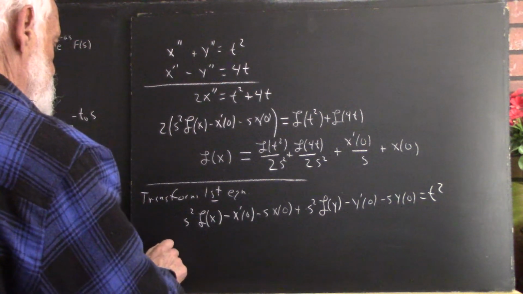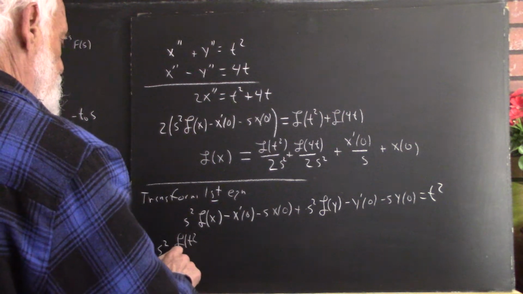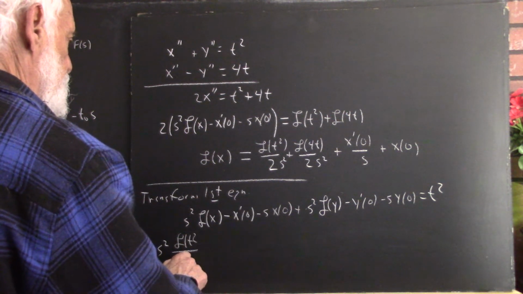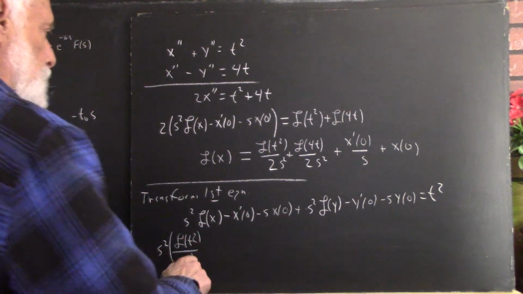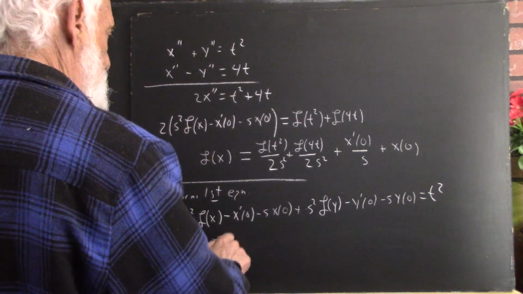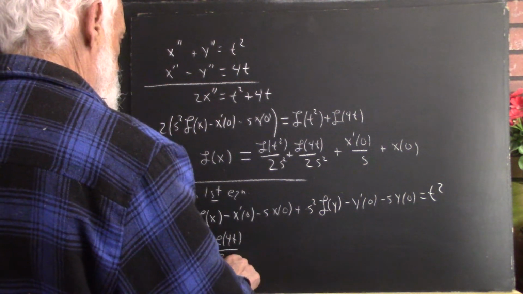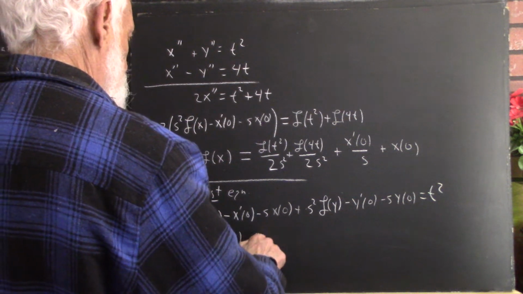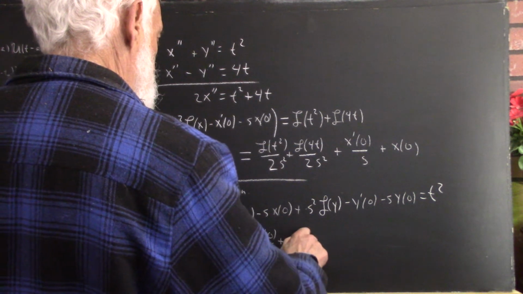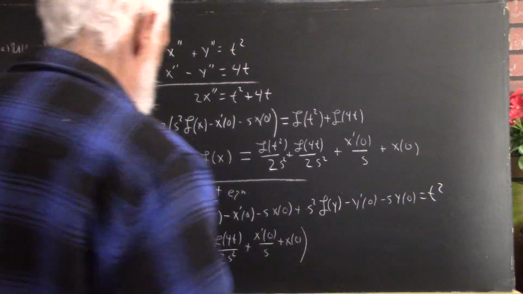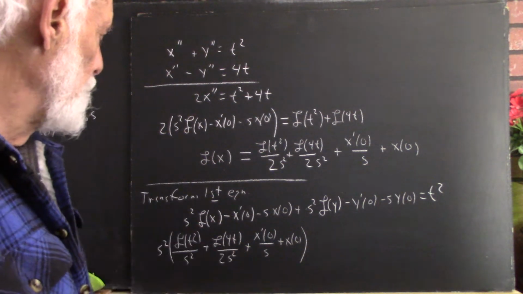So we have s squared times the Laplace transform of t squared over s squared and so forth. And there's our s squared times the Laplace transform of x.